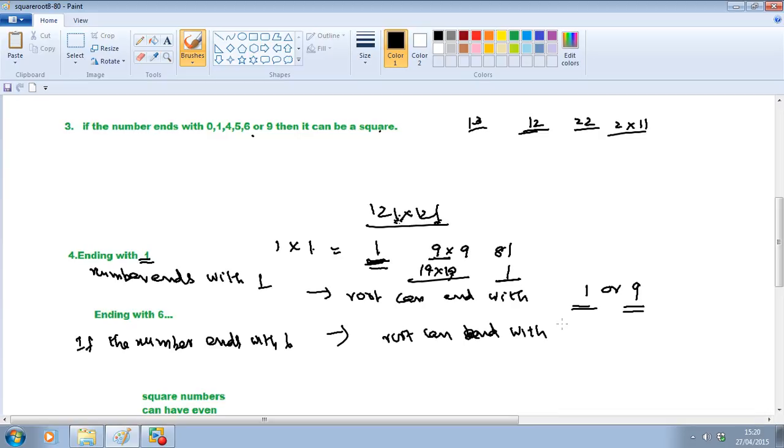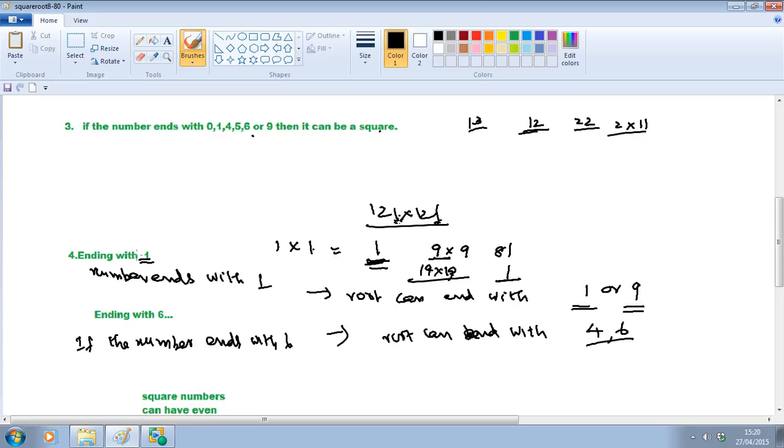See, 1 one is 1, 2 twos are 4, 3 threes are 9, 4 fours are 16. It can end with 4. Root can be 4, then 4 fours are 16. Another option: 6 sixes are 36, 7 sevens are 49, 8 eights are 64, 9 nines are 81. So only these two options are there.